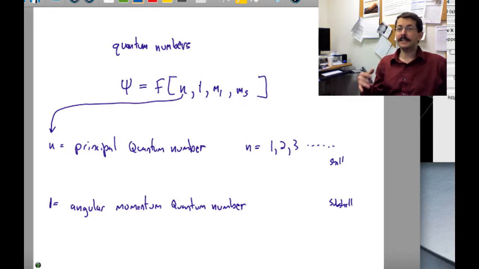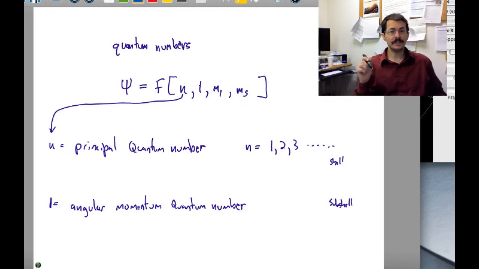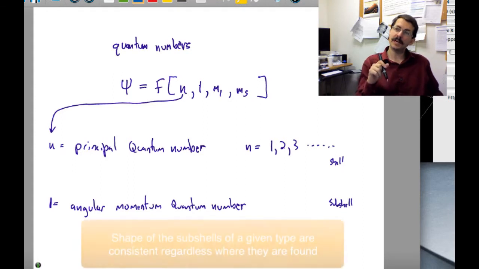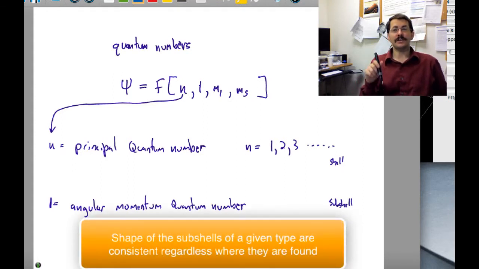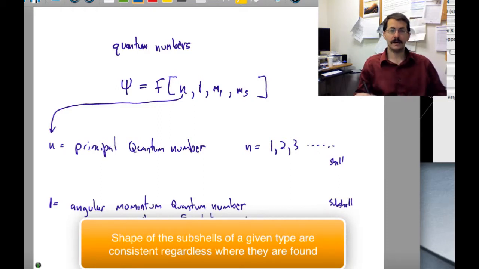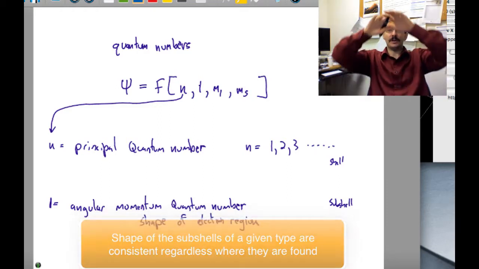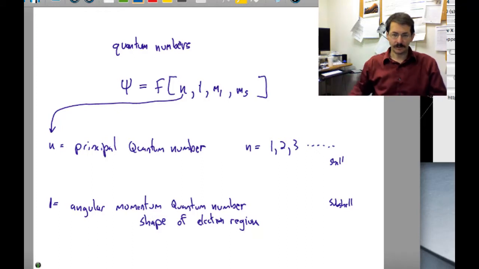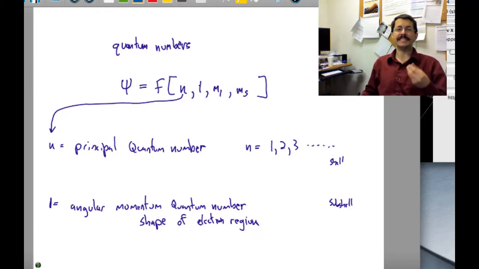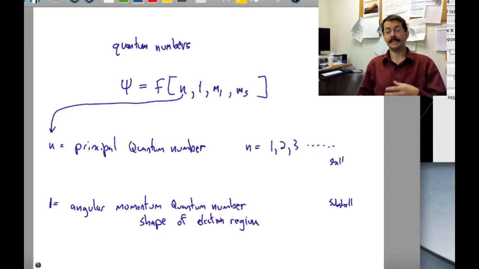Additionally, one of the hidden things that's in there is the type of subshell. The angular momentum quantum number influences the shape of the subshell. It turns out that these subshells are not little spheres that nest around the atom like orbits. The subshells have distinct shapes that actually influence a large number of their properties.